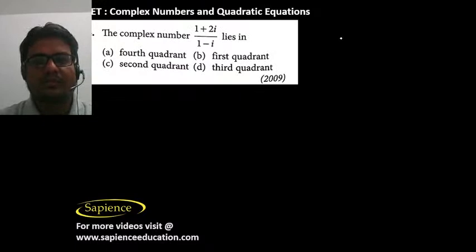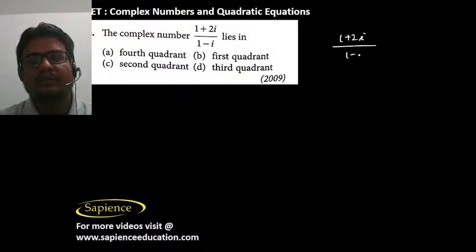Then here the complex number (1 plus 2i) divided by (1 minus i) lies in which quadrant? That we have to find.